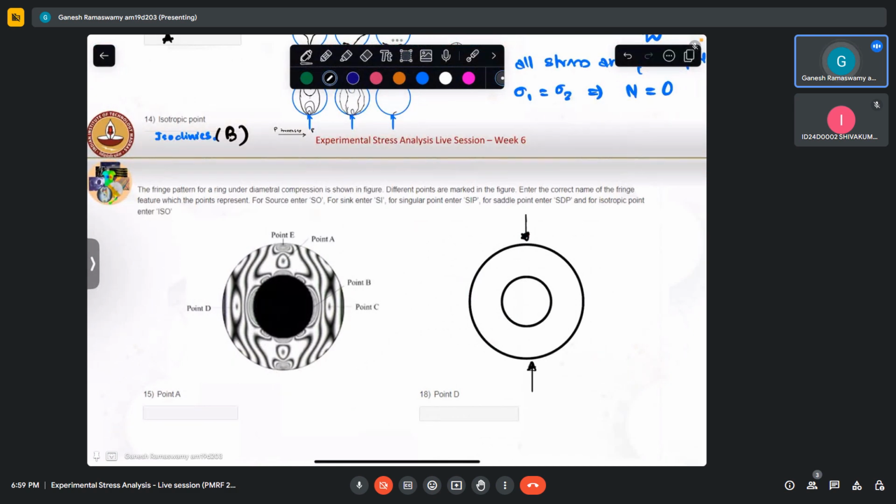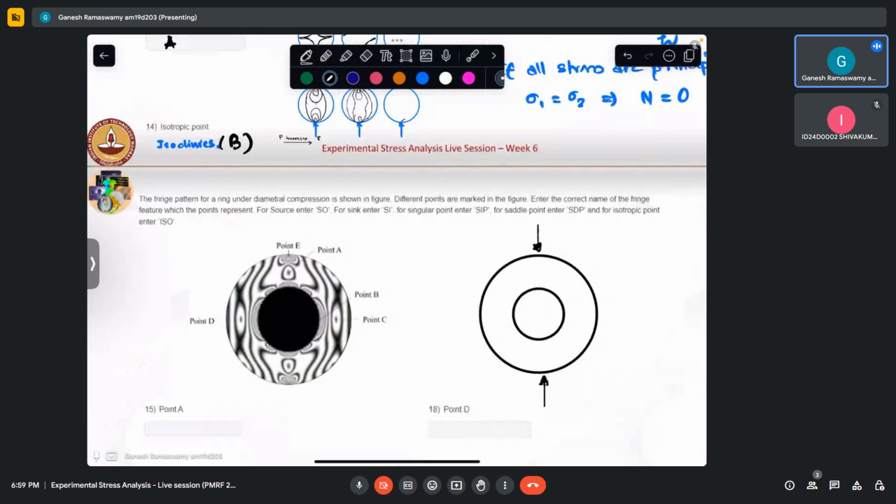So this is how the patterns look like, and if you see the lecture, it is shown how these patterns vary as a function of load also. As the load is increased, how these patterns vary, that sort of a video is shown in the lecture. I don't have the video with me, but you can refer to the lecture for that.